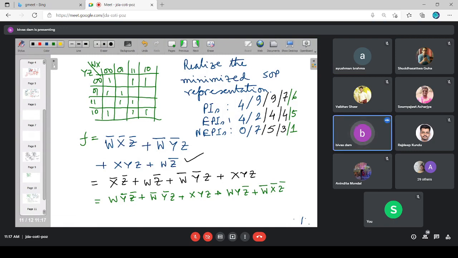Okay, let me do it. Is there any possibility of having a group of 16 cells? No, sir. 8 cells? No, sir. 4 cells? Yes, sir. This is one such possibility, and there is another possibility here.